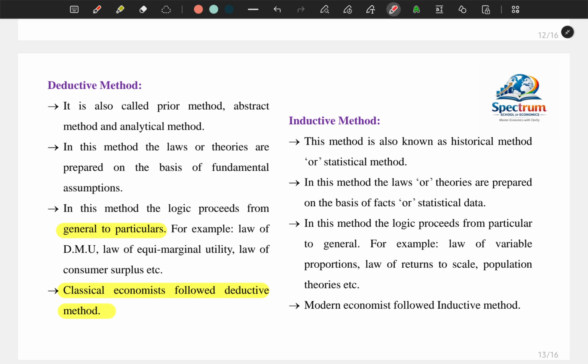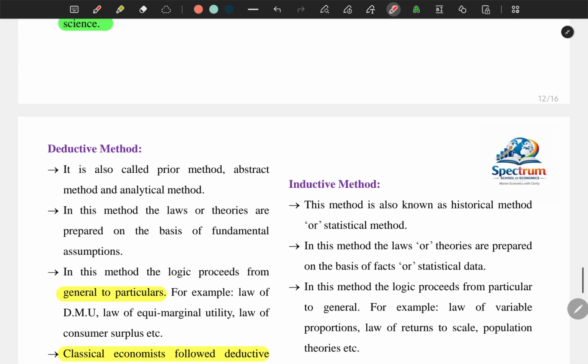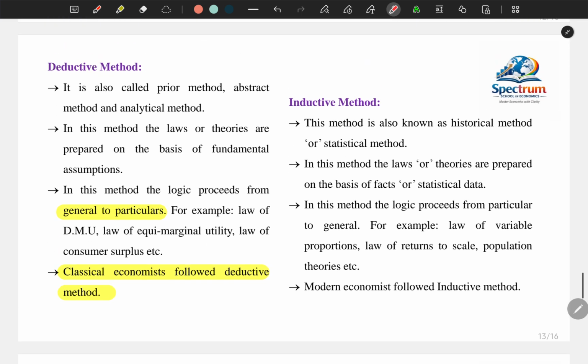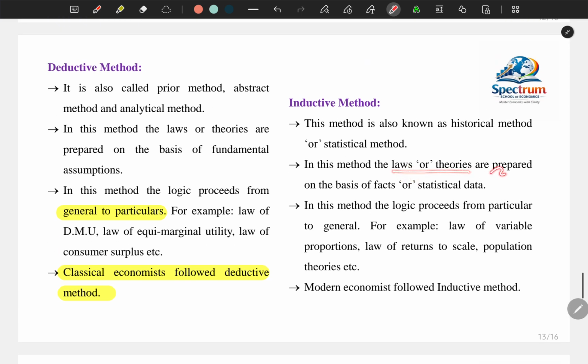When it comes to the inductive method, this method is also known as the historical method or statistical method. In this method, laws or theories are prepared on the basis of facts or statistical data. The logic proceeds from particular to general.